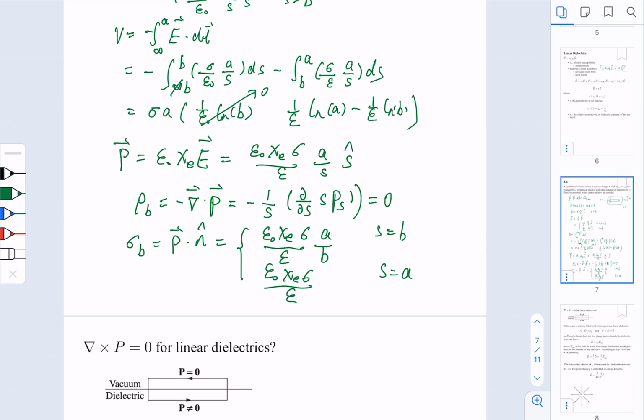Remember that here P is strictly proportional to the E field, right? So because del cross E equals 0 everywhere, does it mean that del cross P equals 0?